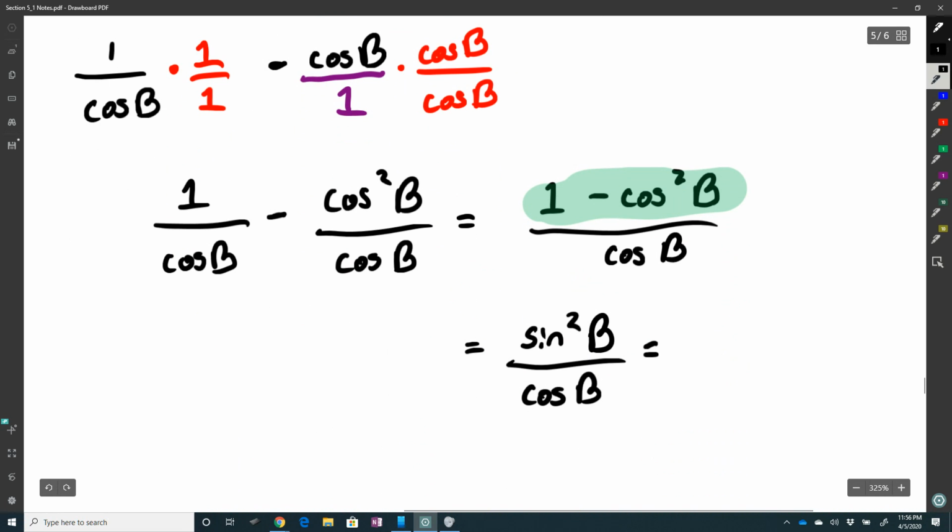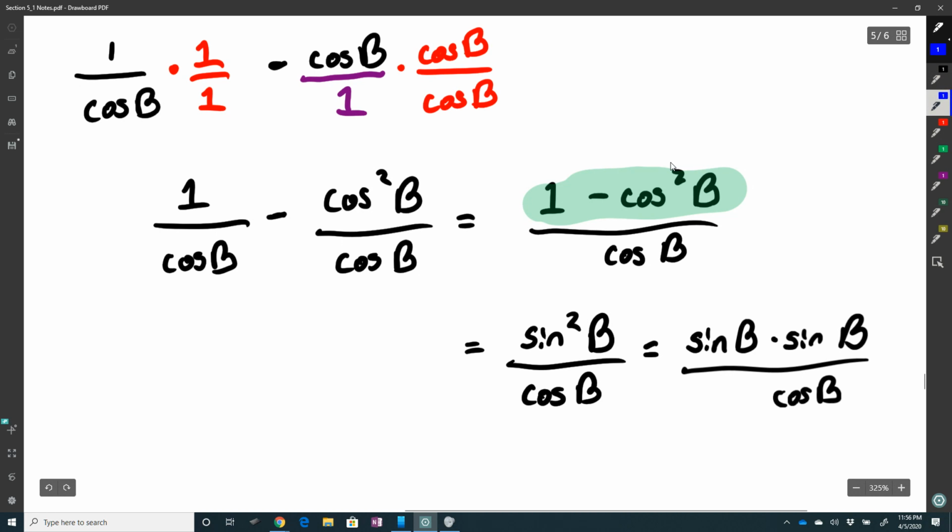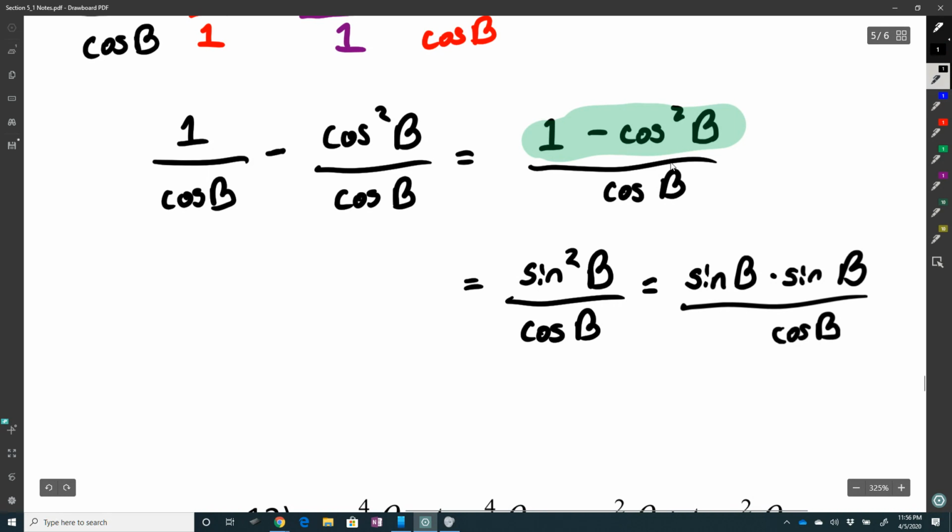I know my answer is tangent sine. So I'm going to have to break the sine into two terms, because that's what squared means. And there it is. Notice that these two is tangent. So I have sine b tangent.